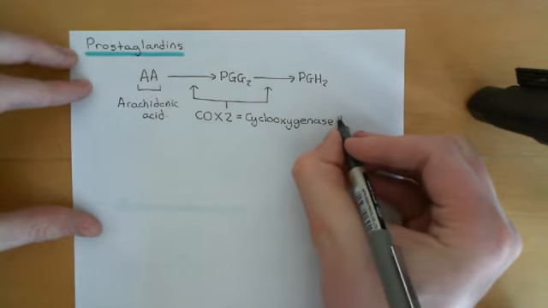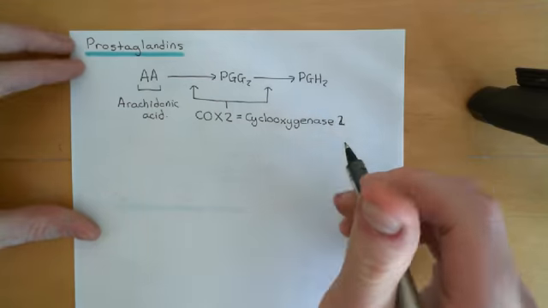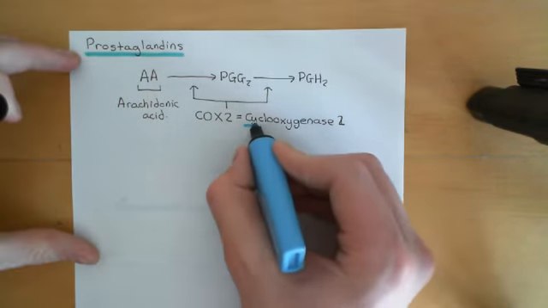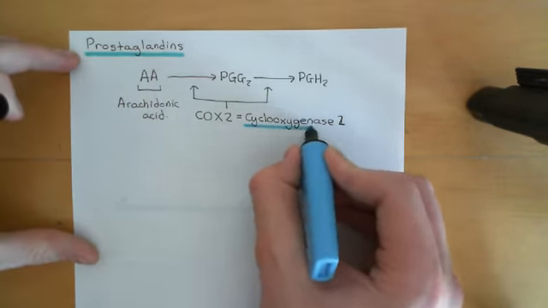Cyclooxygenase 2 is majorly upregulated in tissues which are undergoing inflammation. So in this inflamed tissue, the cells will upregulate hugely cyclooxygenase 2. They'll go from not expressing any cyclooxygenase 2 at all to suddenly expressing loads of it.